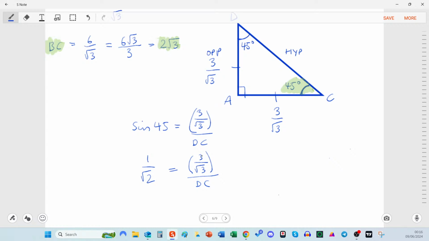Switch them out because we have a fraction equal to a number situation. So DC is equal to 3 over root 3 divided by 1 over root 2, which is equal to 3 over root 3 times the inverse of that, which is root 2 over 1.